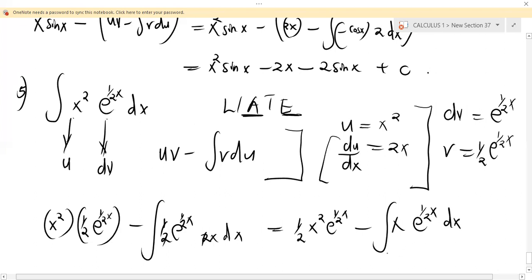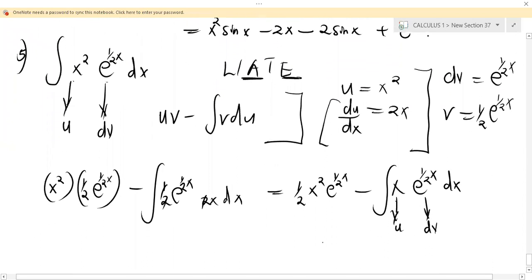Then here again, I'll have to use integration by parts on this part. So I will let this be my u, and then I will let this be my dv. Then this will give me a half x squared exponential a half x minus uv. So our u is x multiplied by our v.